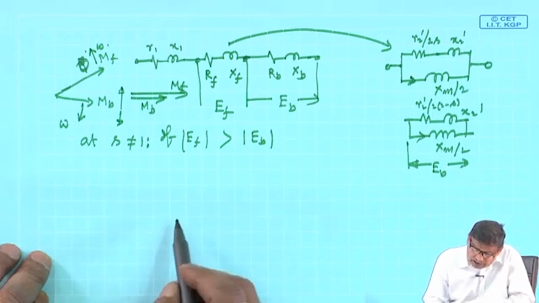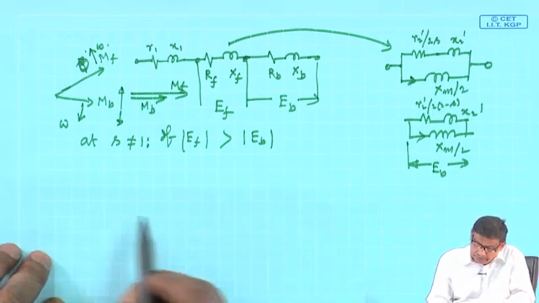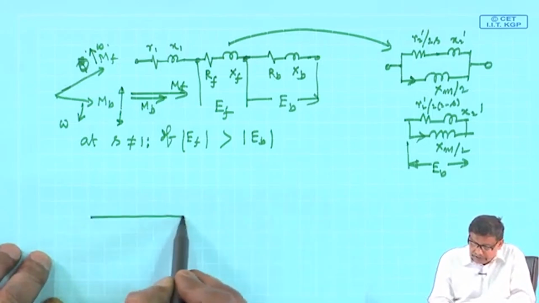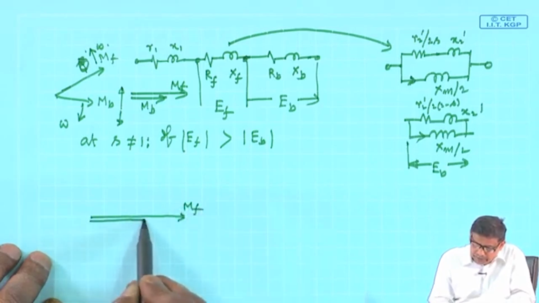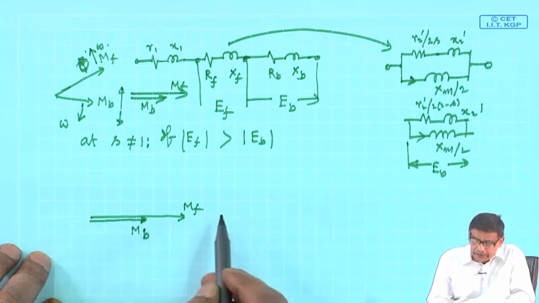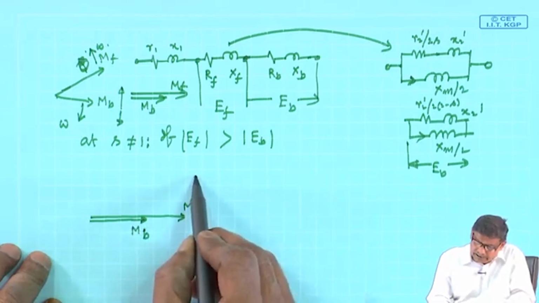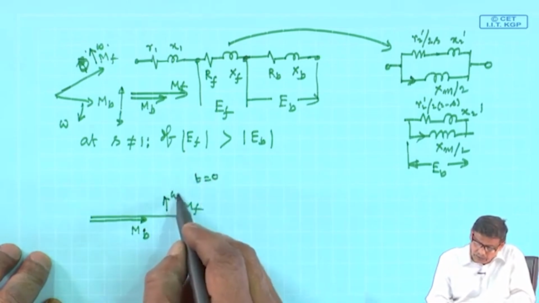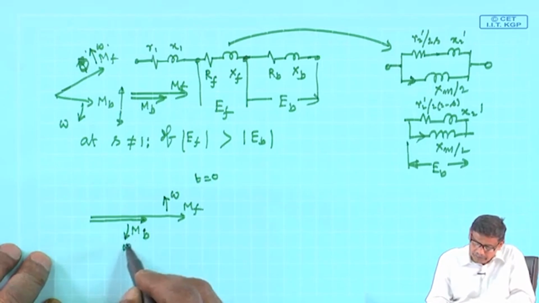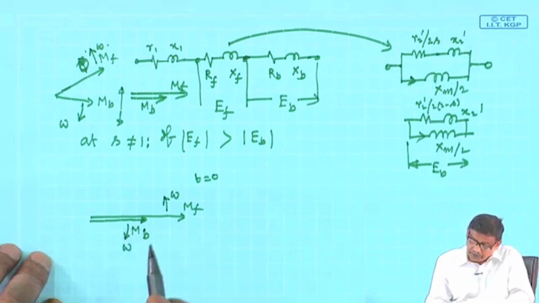So, let us assume that, let us start counting time from this instant, that is, this is M f and this is M b, they are along the same space line, and then I am saying t is equal to 0 here, and each one of them is moving with a speed omega, forward and backward field.